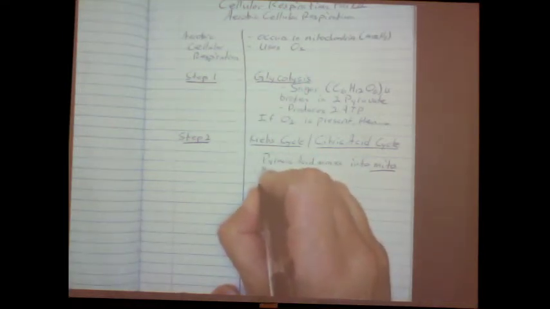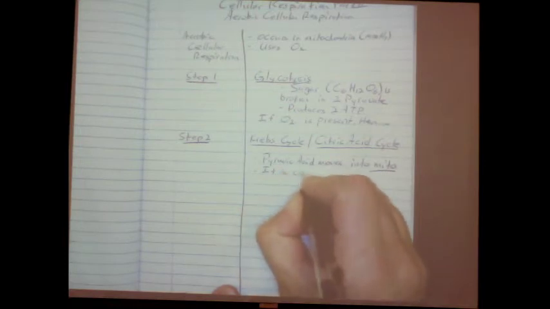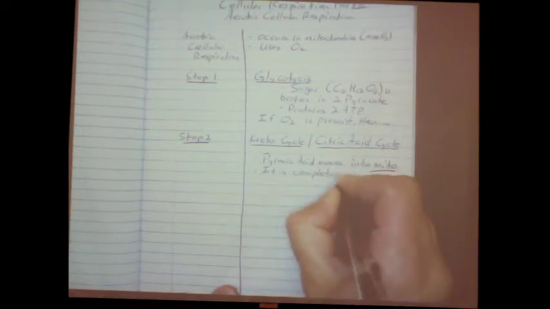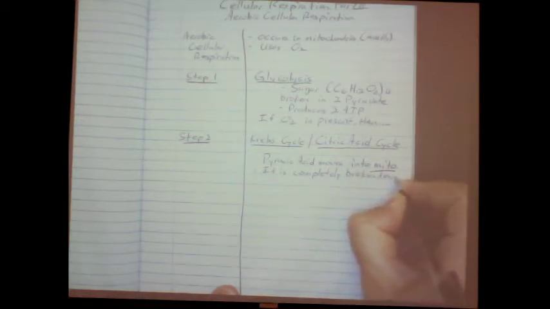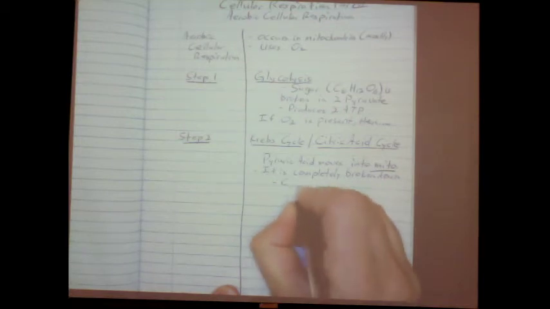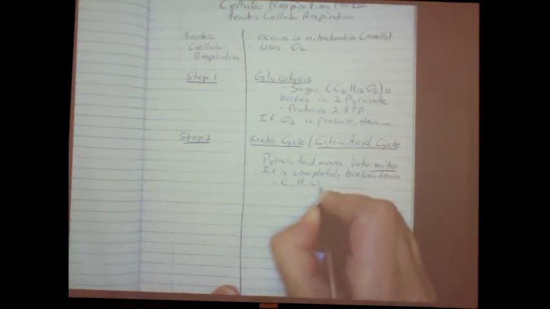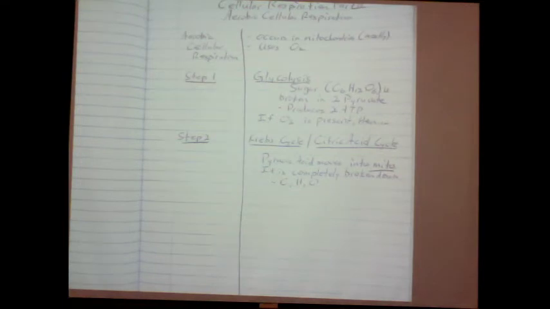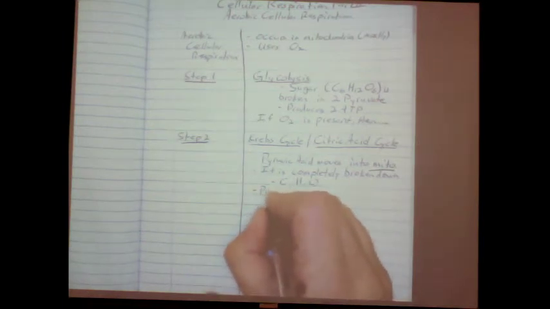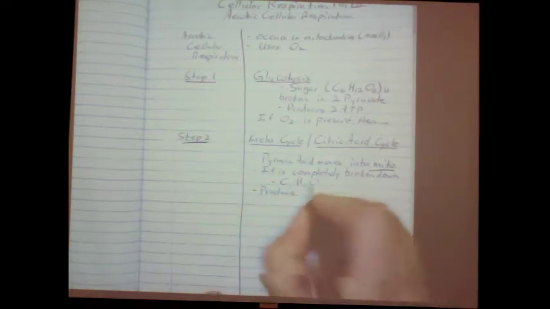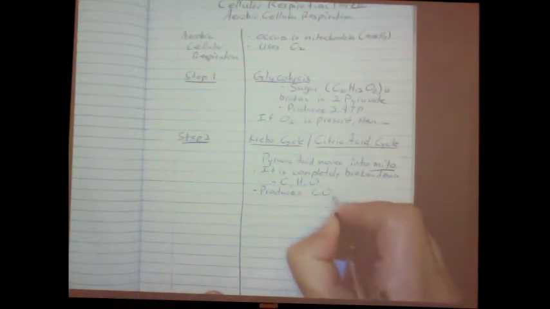It is completely broken down, into the C's, into the H's, and into the O's. This particular process produces carbon dioxide, those C's and O's hooked together as a waste product. So out comes that carbon dioxide.